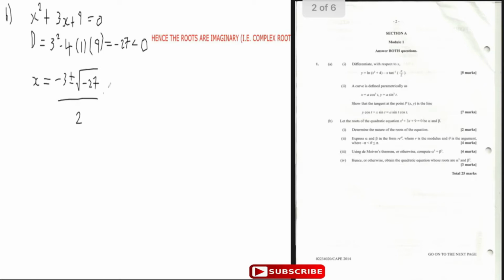So x is working out to be minus 3 plus or minus the square root of negative 27. How can I break this up? I know this can be broken up as the square root of 9 times the square root of 3 times the square root of negative 1, over 2.